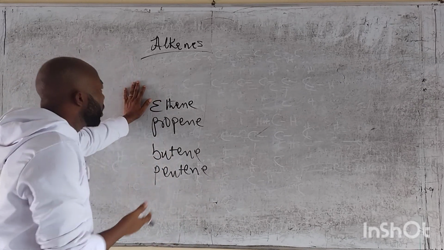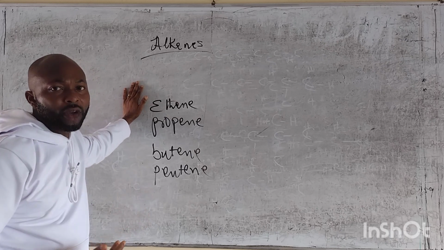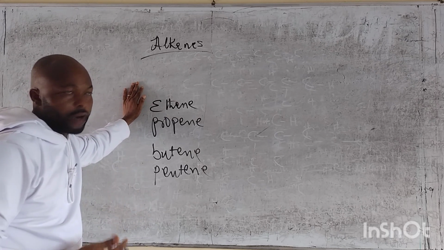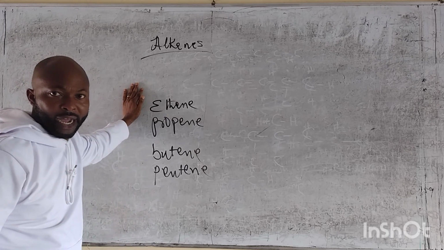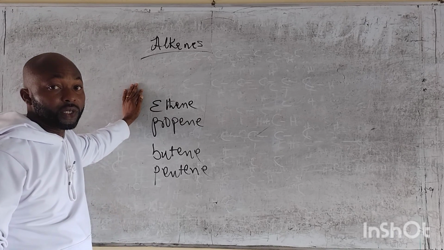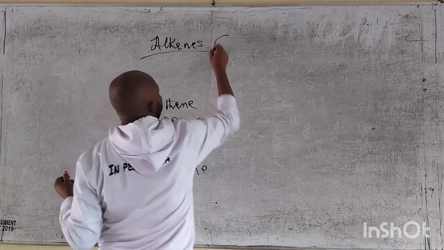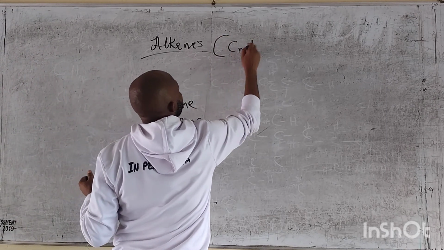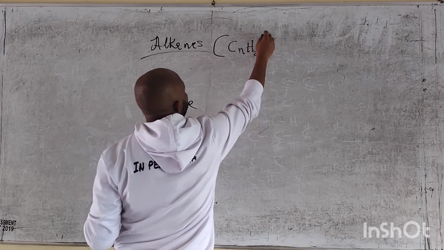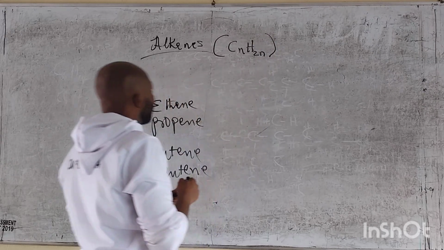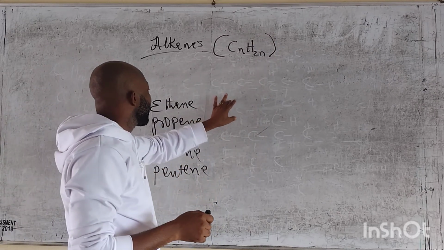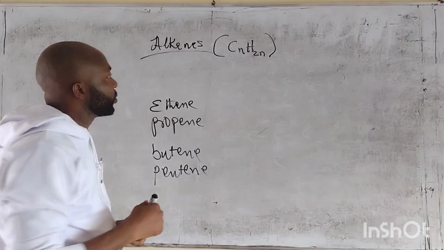Now, how do we know how many carbon atoms and hydrogen atoms will be there? Remember, the alkenes are unsaturated hydrocarbons, which means they have a double bond between their carbon atoms. Their general molecular formula is CnH2n. So if we use this, let us see what we get. Ethene means n is 2, am I right?